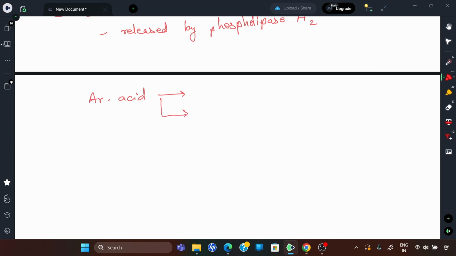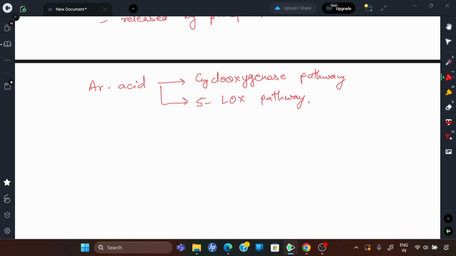The first one is the cyclooxygenase pathway, and the second one is the 5-lipoxygenase pathway, right?